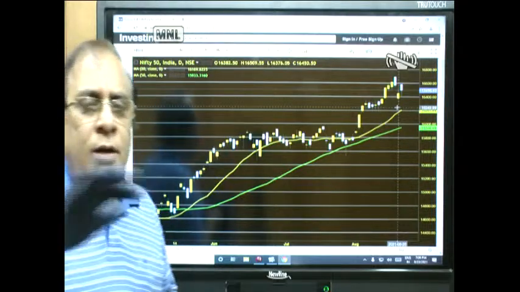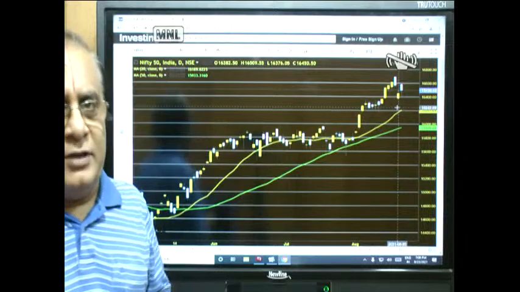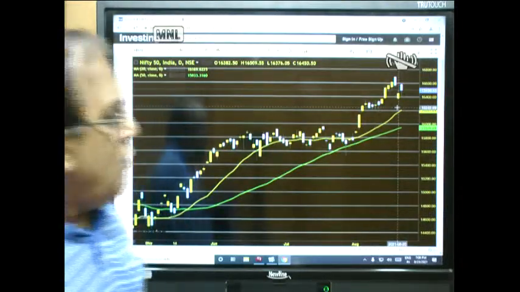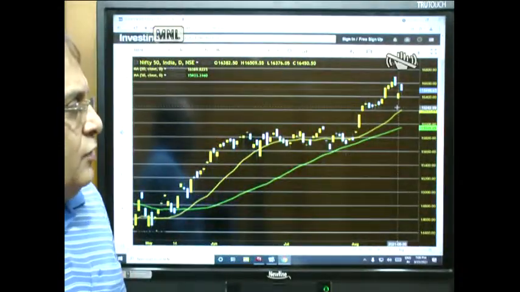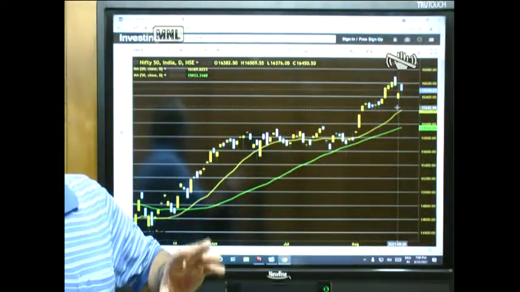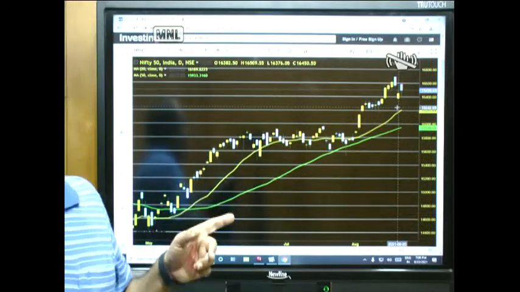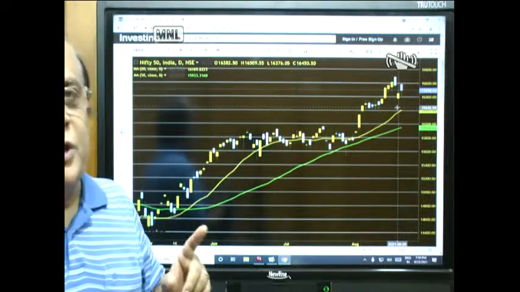Normally the short term trend gets over if it starts falling below both the 20 and 50 moving averages. That's the general call that most technical traders take. Now the market is much above the 20 and 50 moving averages, so we cannot wait for a fall up to the 20 and 50. It can come, but right now we are using a bar chart to track our position.